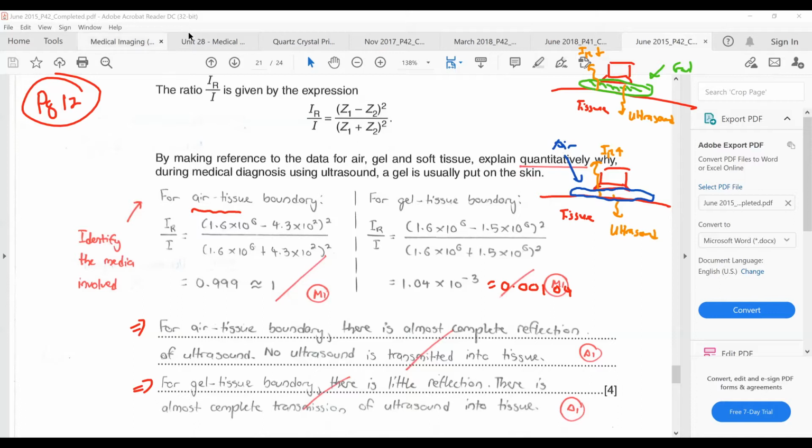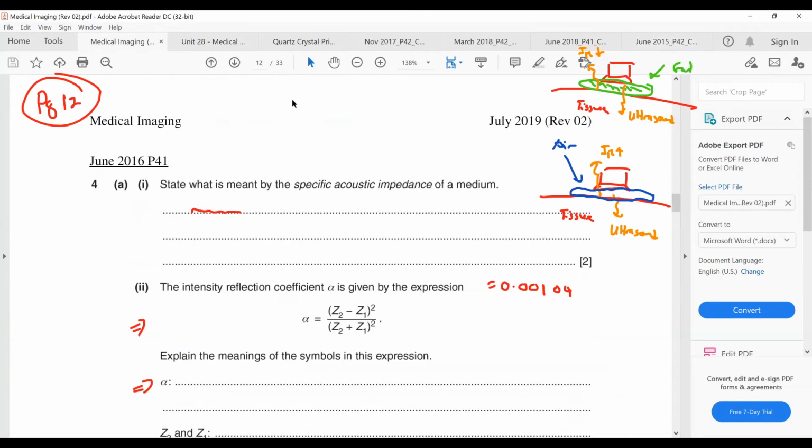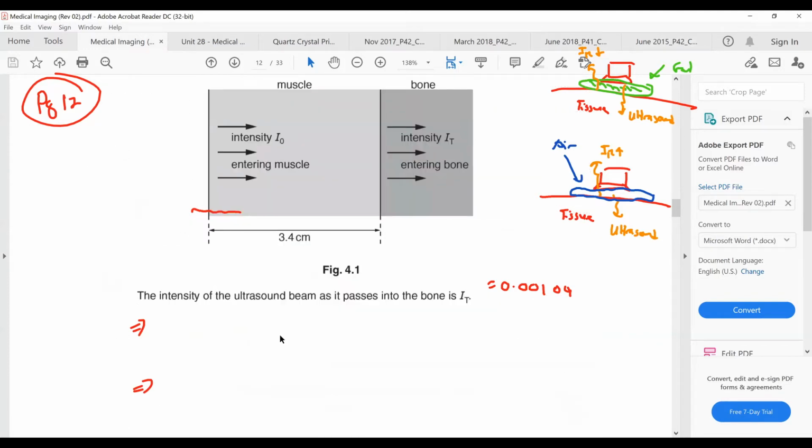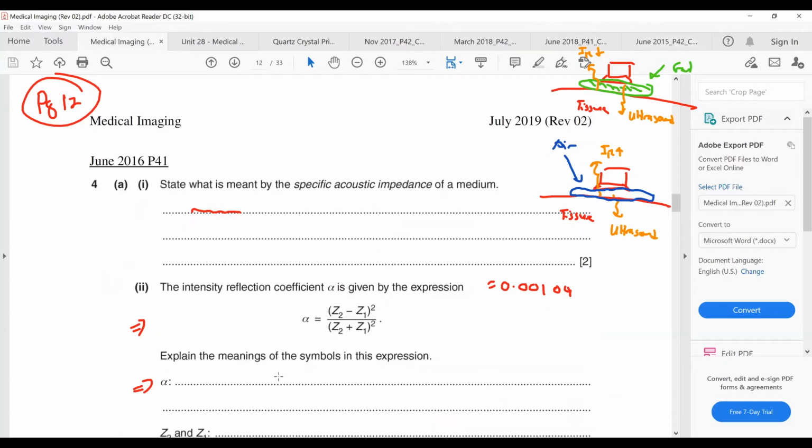Okay, so if this one is fine, then we move on to page 12. Page 12 would be this one. And after that, you have this. Okay, right. This is June 16 P41.